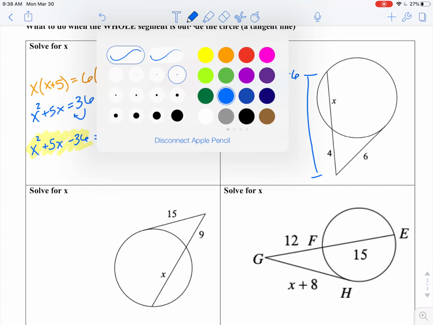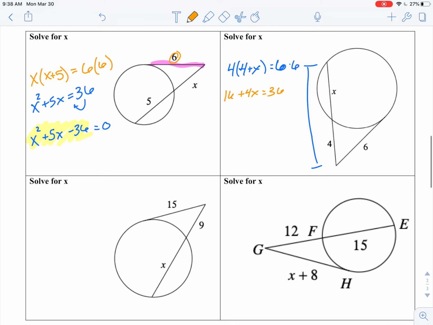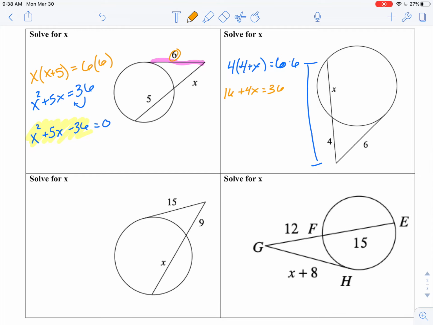What's this whole segment here? Well, that's still 6. So 16 plus 4x equals 36.